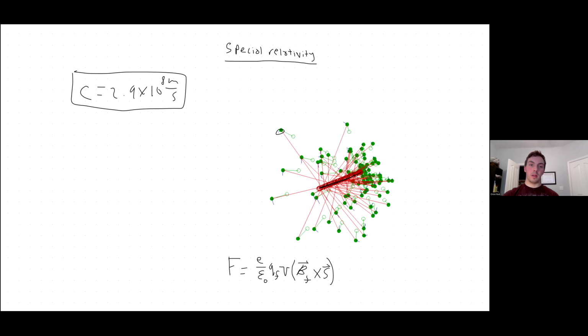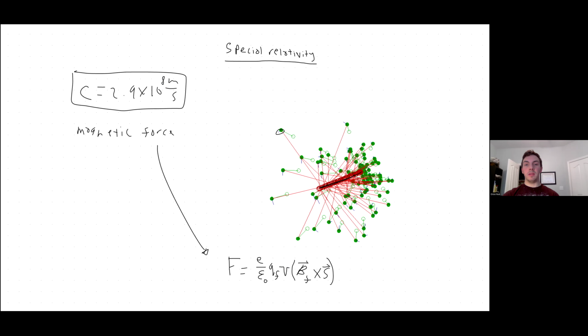So our magnetic force is given by this equation right here, which is the elementary charge over the permittivity constant, the charge of the field particle, and then the thread density.